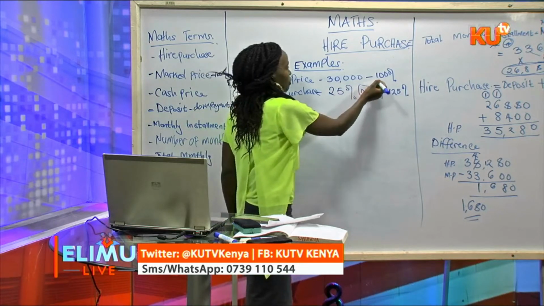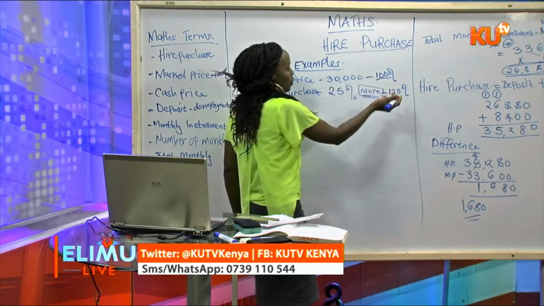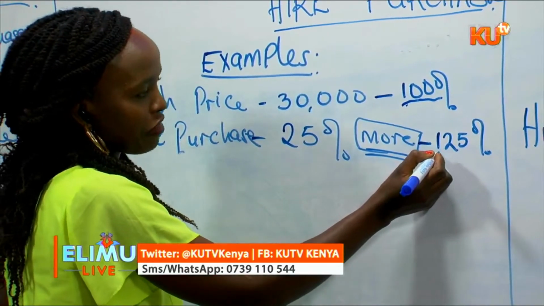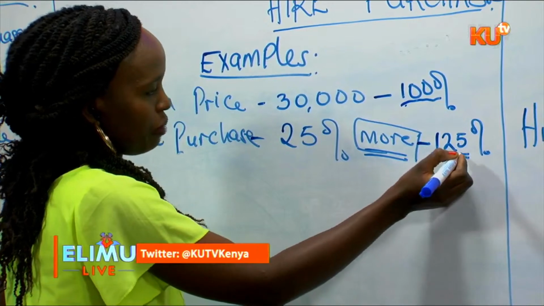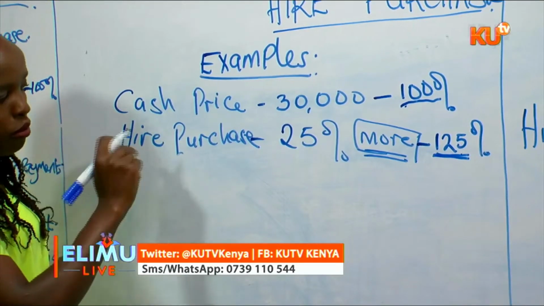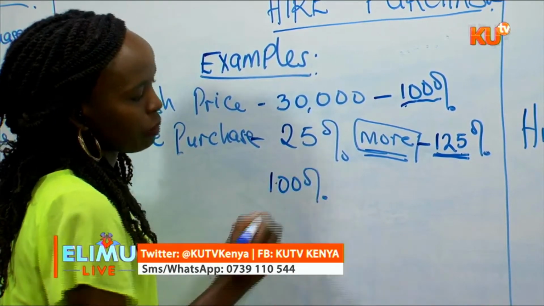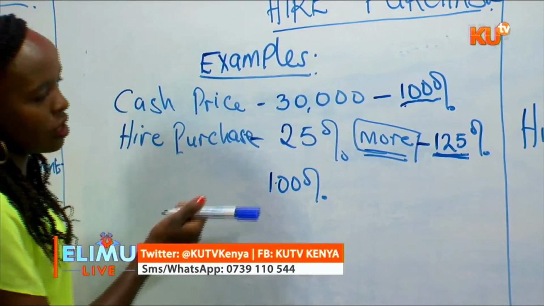So we know the value of our 100%. It is 30,000. Now we are looking for the value of 125%, so that we can get the amount that this person paid on hire purchase. So we say 100%. We use cross multiplication. I'm sure you have learned how to use that.